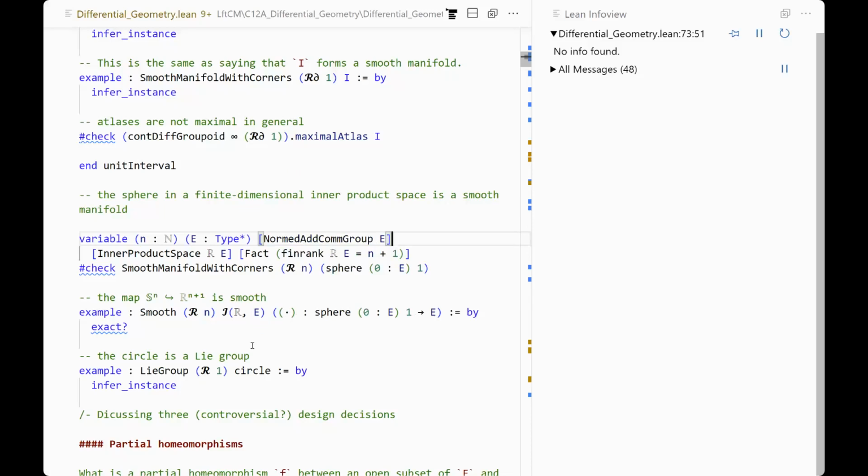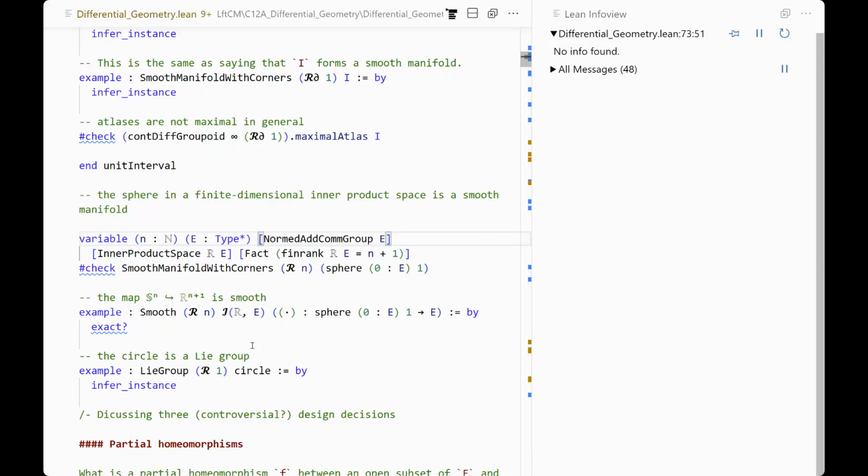So this is a glimpse of some of the manifolds in Lean in action in concrete cases. I don't think we have the group structure on S3 in Mathlib yet.